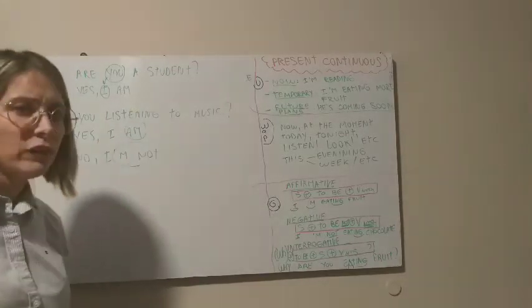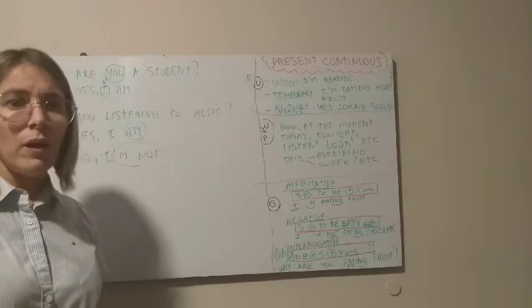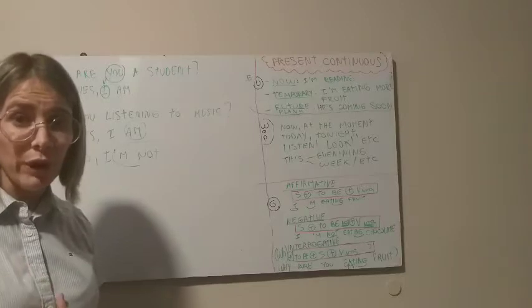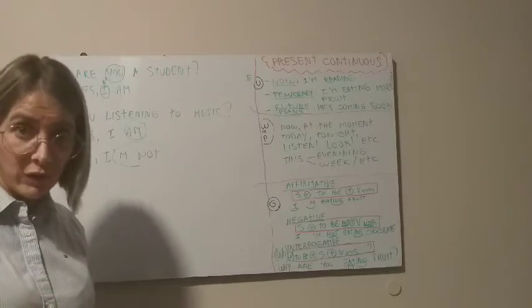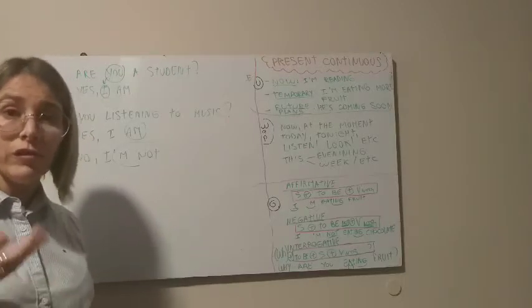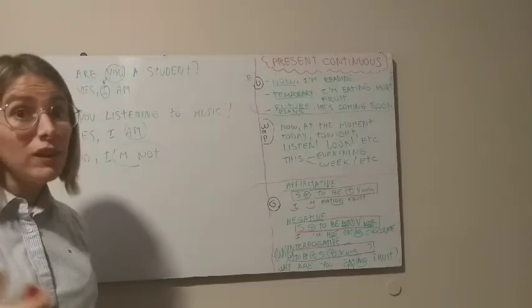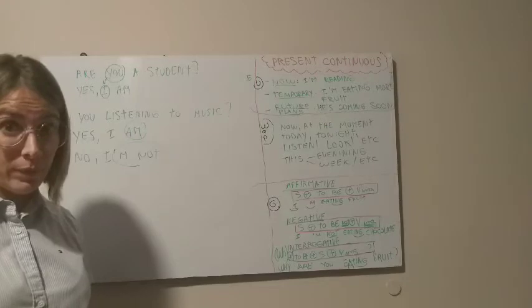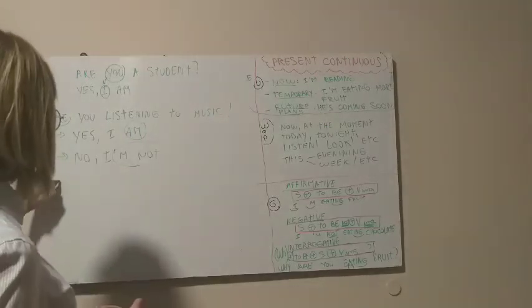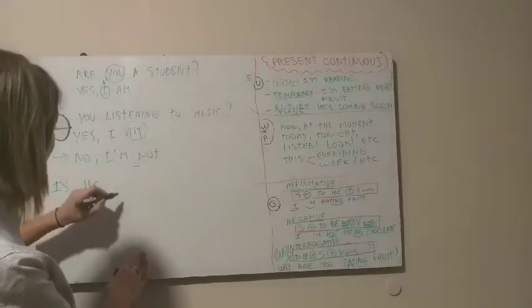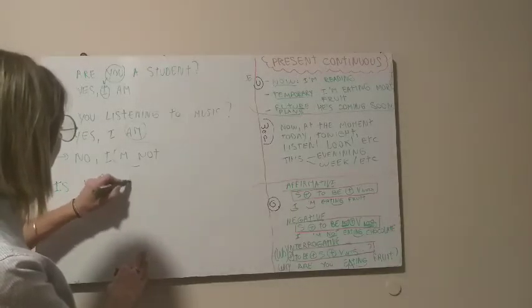The question starts with the verb to be. Short answers are going to depend on the first word that you have in the question. If a question starts with the verb to be or with an auxiliary, it is a yes/no question. Yes? Is he writing?